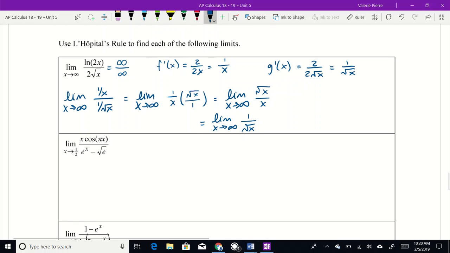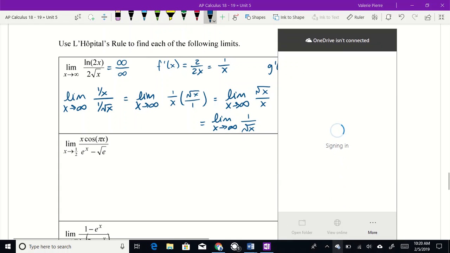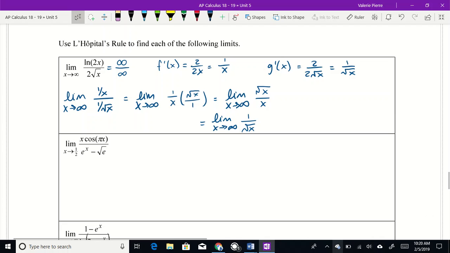So using our rule, our denominator is the only section of our fraction that has a variable. So this limit will equal 0.